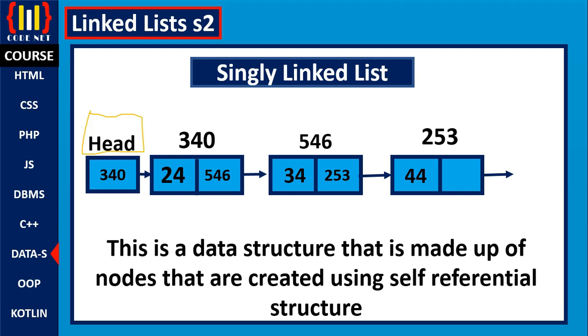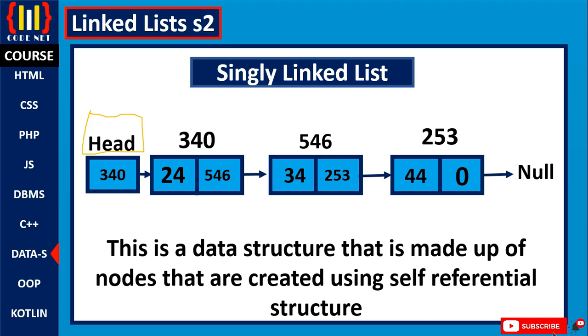Hence we keep a 0 inside, and whenever you see 0, you can tell that yes, it is a null value. So let's now proceed to how we can implement a basic linked list.